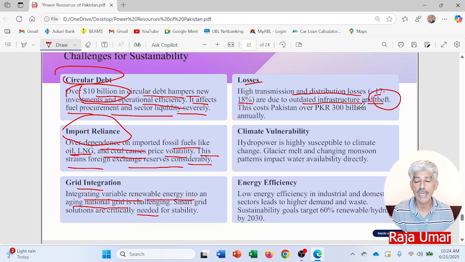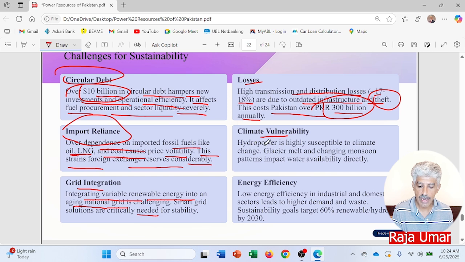People are stealing electricity and not paying the full bills for whatever energy they are consuming. This costs Pakistan over rupees 300 billion annually. That is a big loss for Pakistan: because of line losses, the loss of electricity during transmission, and because of theft, these two are costing Pakistan 300 billion rupees.